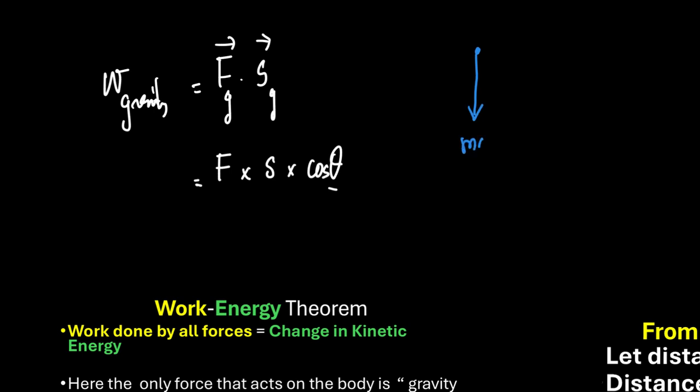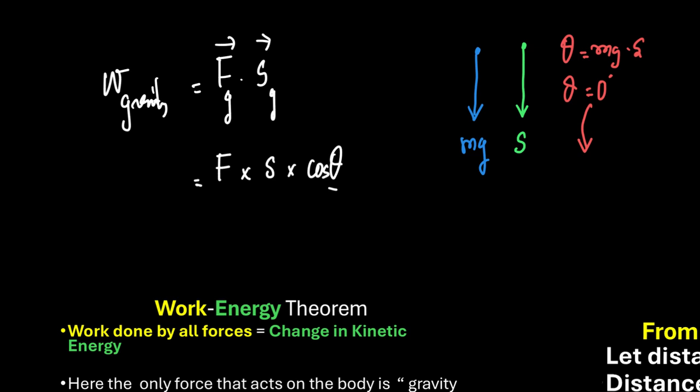Weight is acting downwards. The body is displaced in the same direction, producing a displacement downwards. Theta is the angle between mg and s, which in this case is 0 degrees.